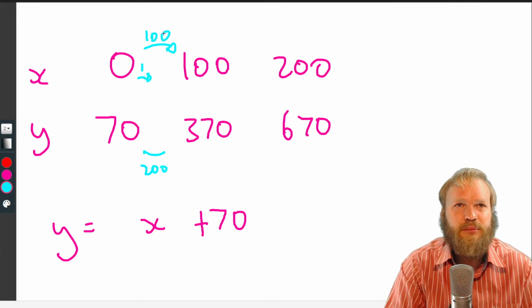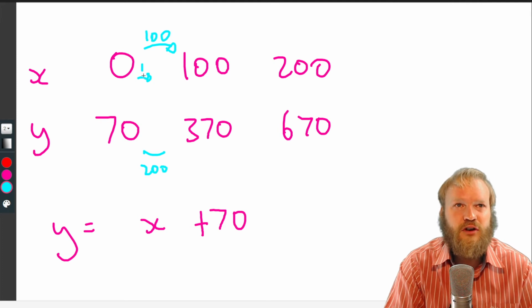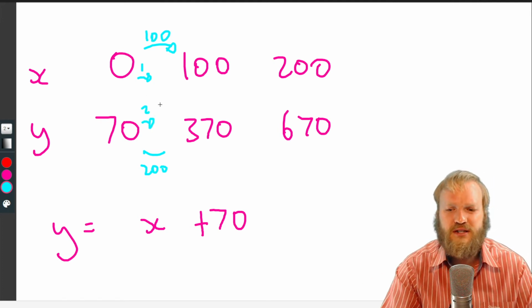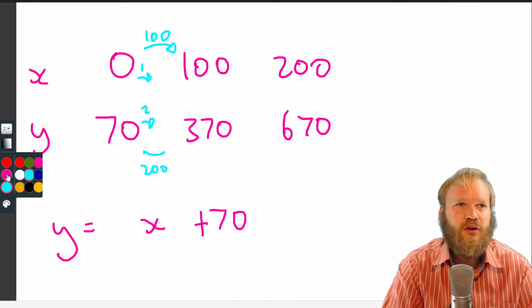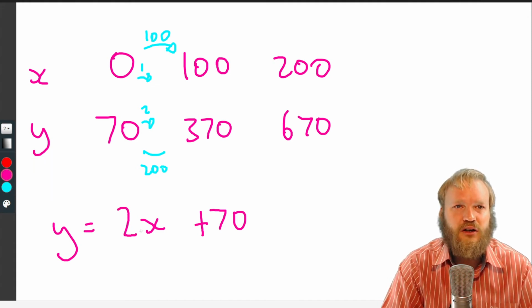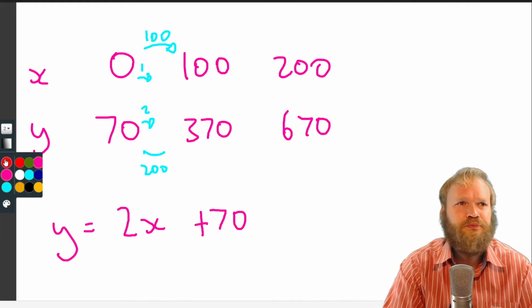Well, if you went up by 100, you went up 200, so if you went up by 1, you would just be going up by 2. So this is similar to the previous question, where this would be 2x, because for every 1 we go up in our input, we go up by 2. So that gives us our formula, y equals 2x plus 70.